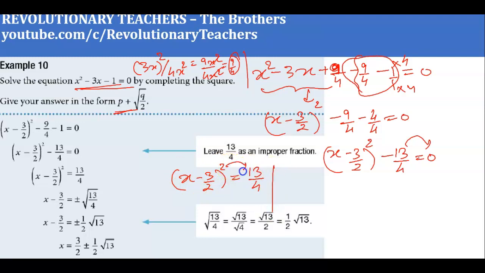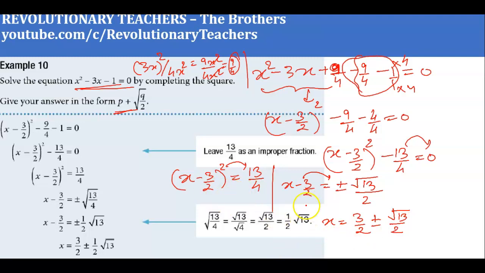Now send square on the other side, becomes root. X minus 3 upon 2 equals to plus minus under root 13, because we don't know the root of 13, but we know the root of 4, that is 2. Send this 3 on the other side. X equals to 3 upon 2 plus minus root 13 upon 2.